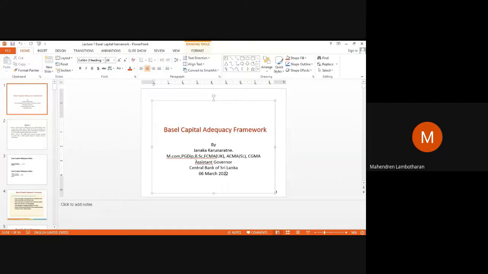Once you give the OTP, you go inside the system, and you can see the functionalities inside the system.